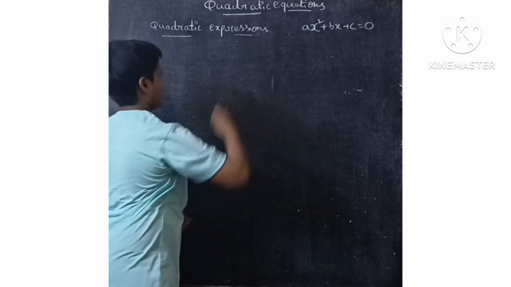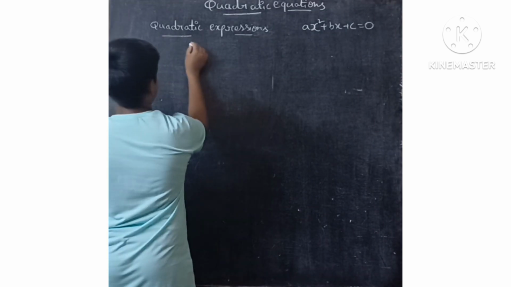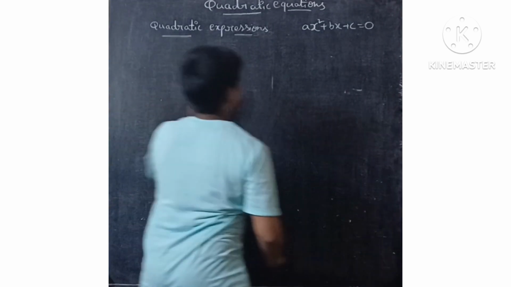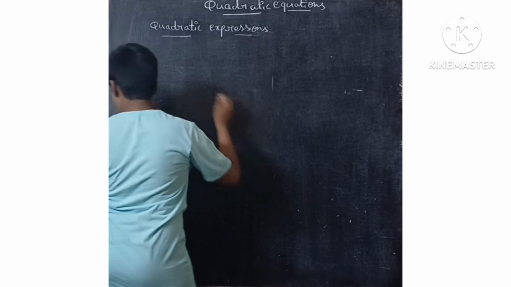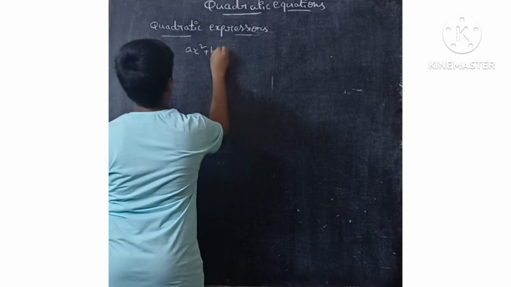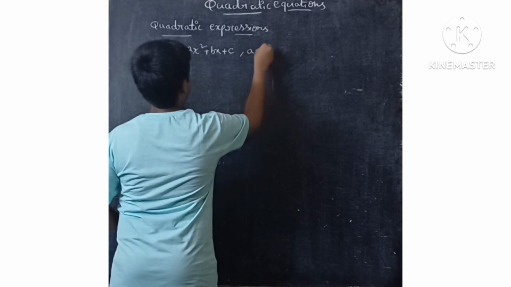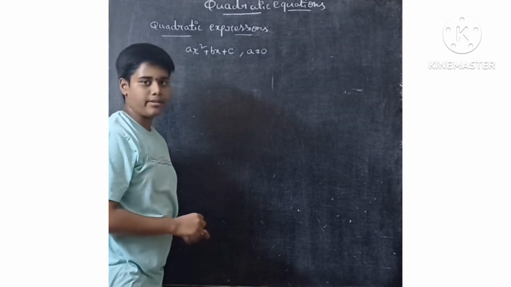And here is another subtopic, then quadratic equation. So quadratic expression means if a polynomial is represented like this, ax square plus bx plus c, and here a is not equal to 0. This is very important. Why?